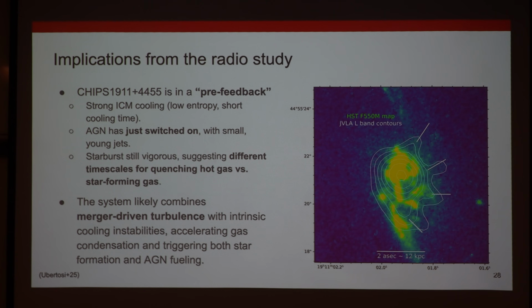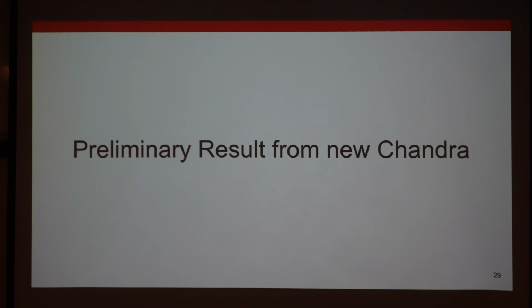So this system, we think, is a merger-driven turbulence which creates cooling instability, activates the AGN, and then triggers both star formation and AGN feedback. So these are what the picture has been looking like so far. I'll summarize the whole thing at the end.